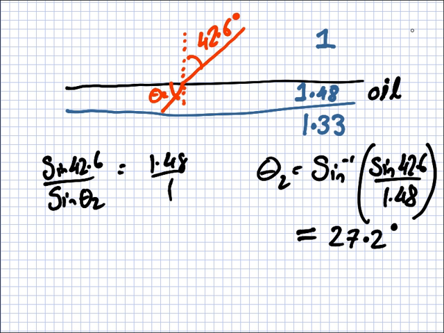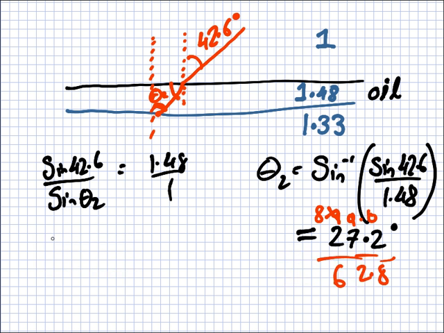I'm guessing that the next piece is to get the next angle. Determine the angle of refraction of the ray as it enters the water. So it comes along here. Now if that angle is theta, then this angle here is 90 minus theta. So 90 minus this angle, 62.8.